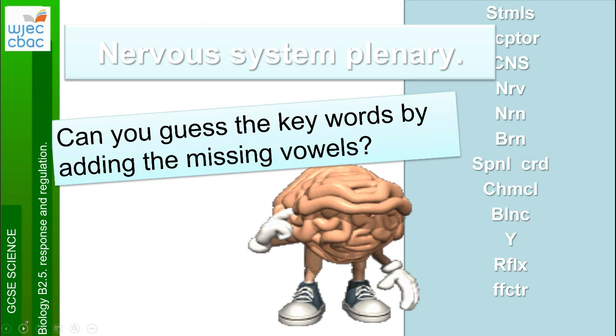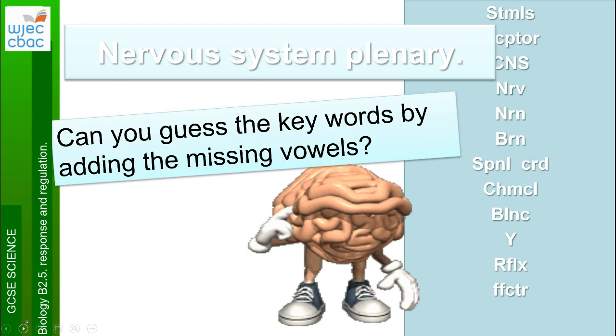Can you guess what the keywords are? Just notice that the second one doesn't seem to have all the vowels removed and is missing the start of the word, but you can probably still work out what it is. Okay, let's see how many you've got.